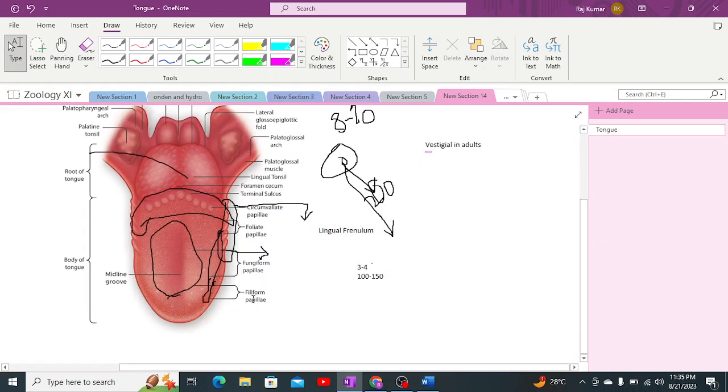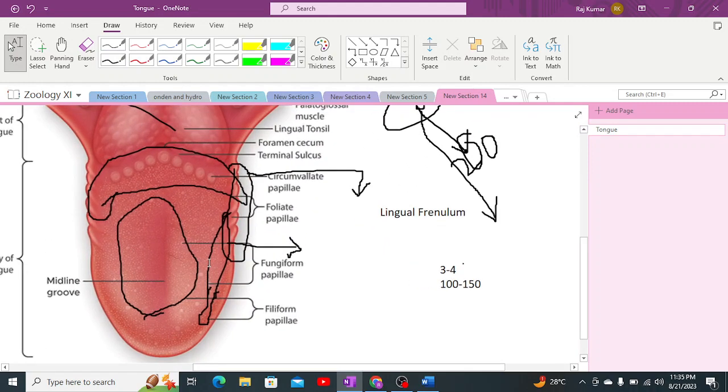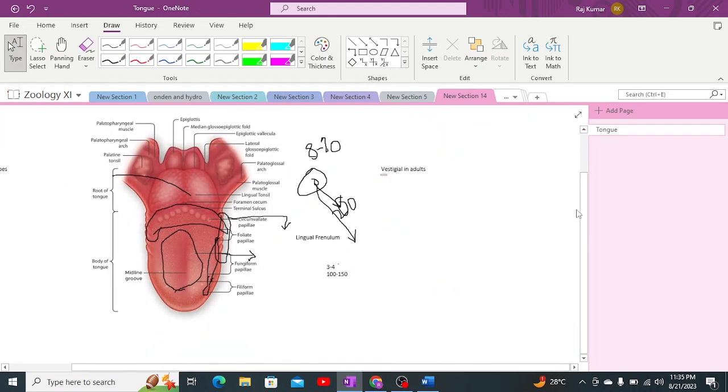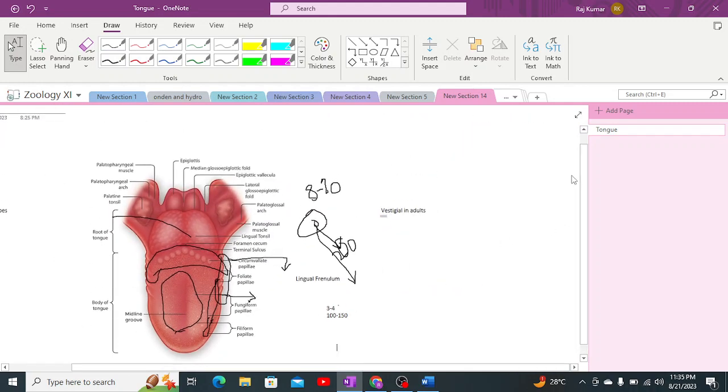And afterwards we are having other functions of the tongue. First, the tongue helps in swallowing of food. Secondly, it helps in detection of taste as well as detection of sensation. Thirdly, it is helpful in detecting temperature sensation, of course.